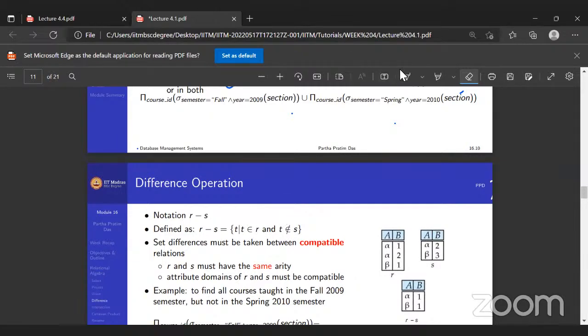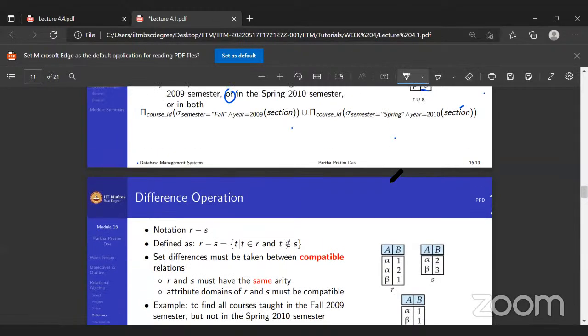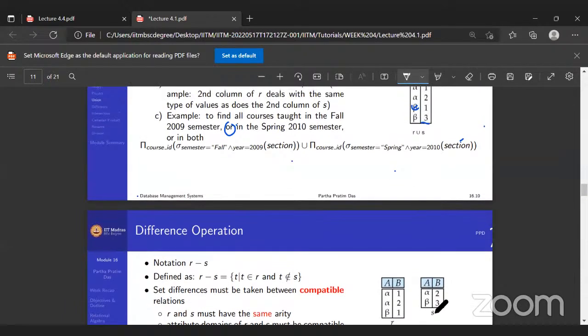Here, by the definition, what is the output of R minus S?